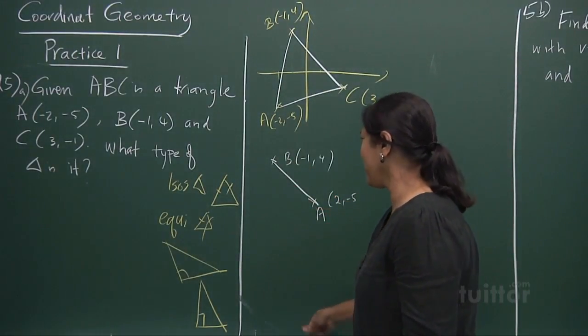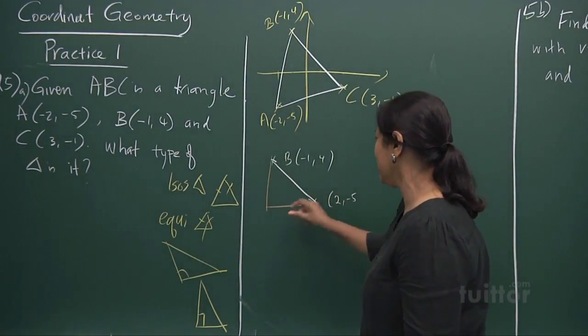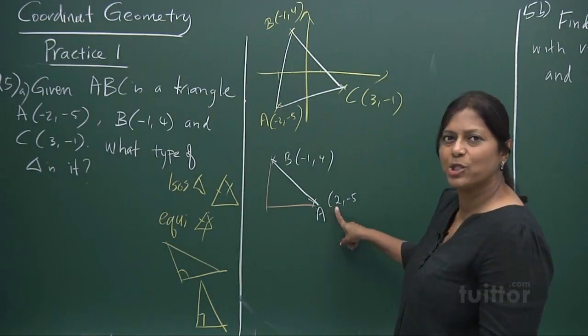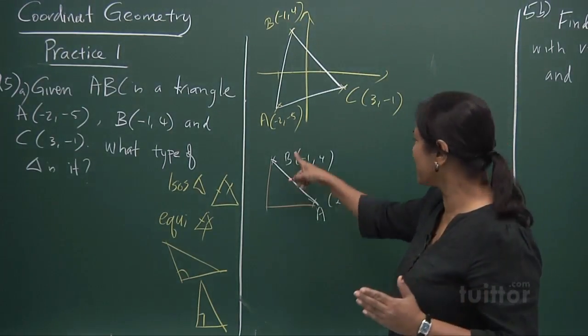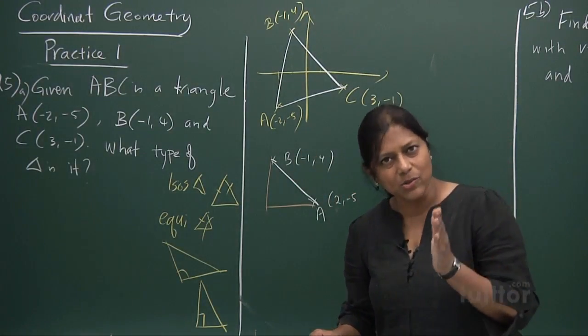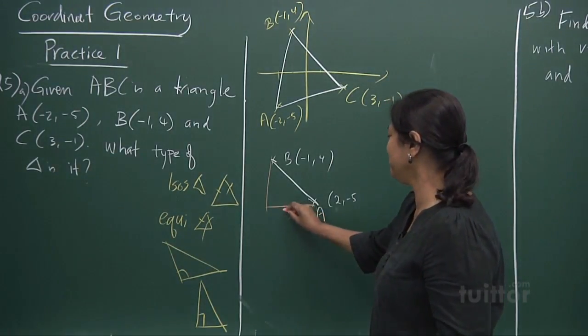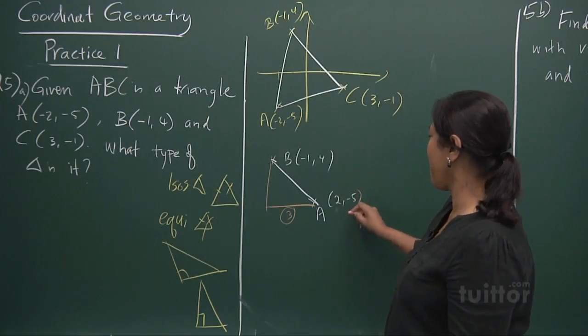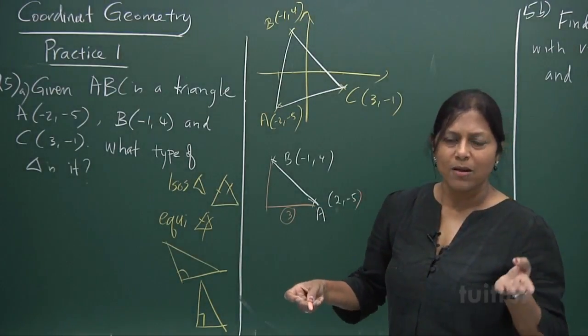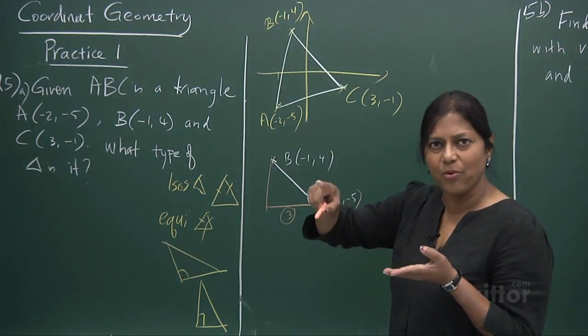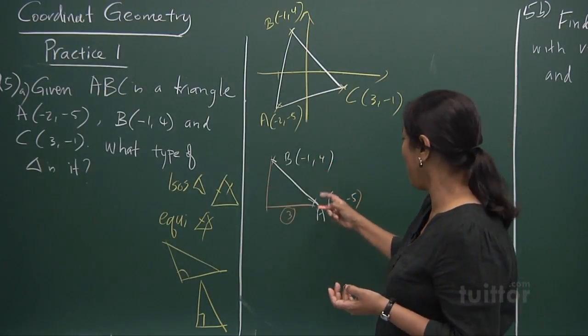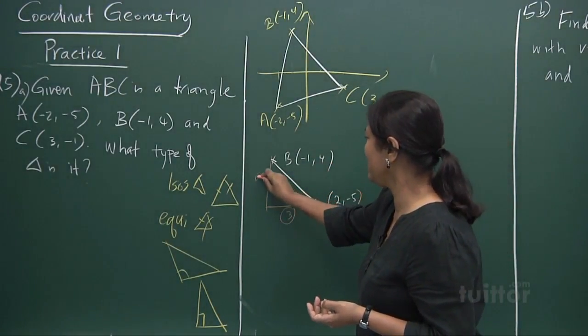Let's draw the right angle to see the distance. From minus 1 moving to 2, x to x, minus 1 to 0, 0 to 2, 3 units. From minus 5 moving to 4, minus 5 to 0, 0 to 4, we get 9 units.